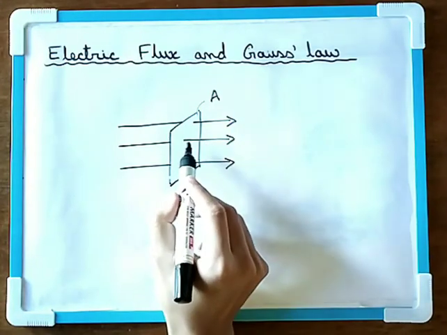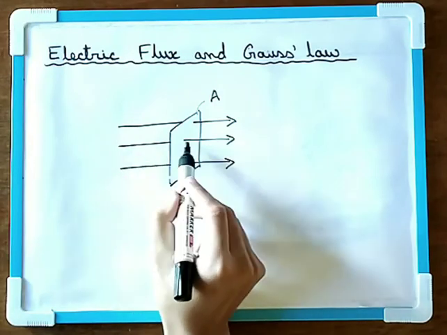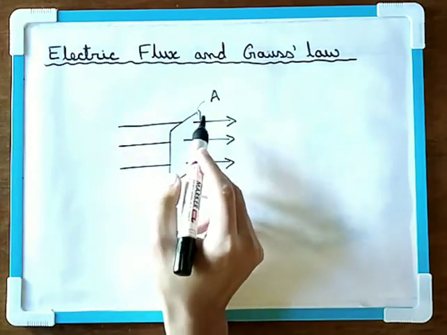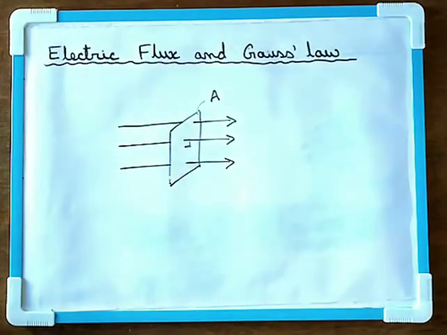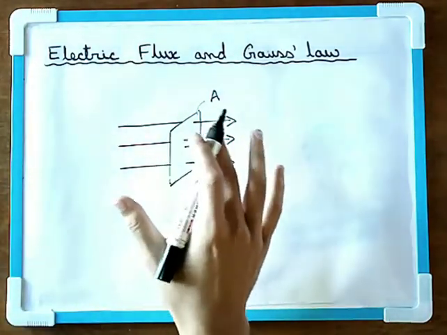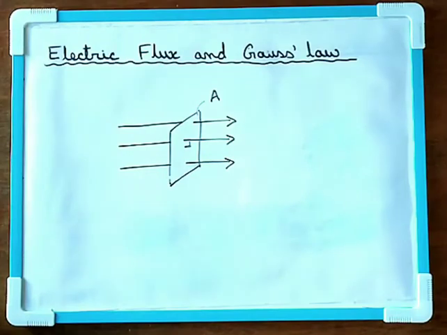So in this case you can see that this field line crosses the area A at an angle which is 90 degrees, or normal to the area. So that is the electric flux. The definition of electric flux: it represents the total number of electric field lines crossing an area in a direction which is normal or perpendicular to the area.